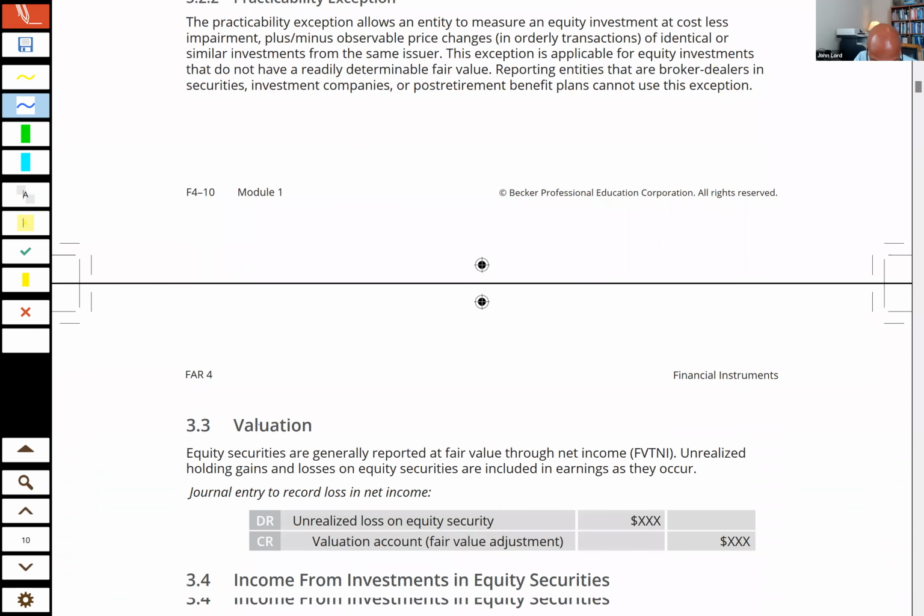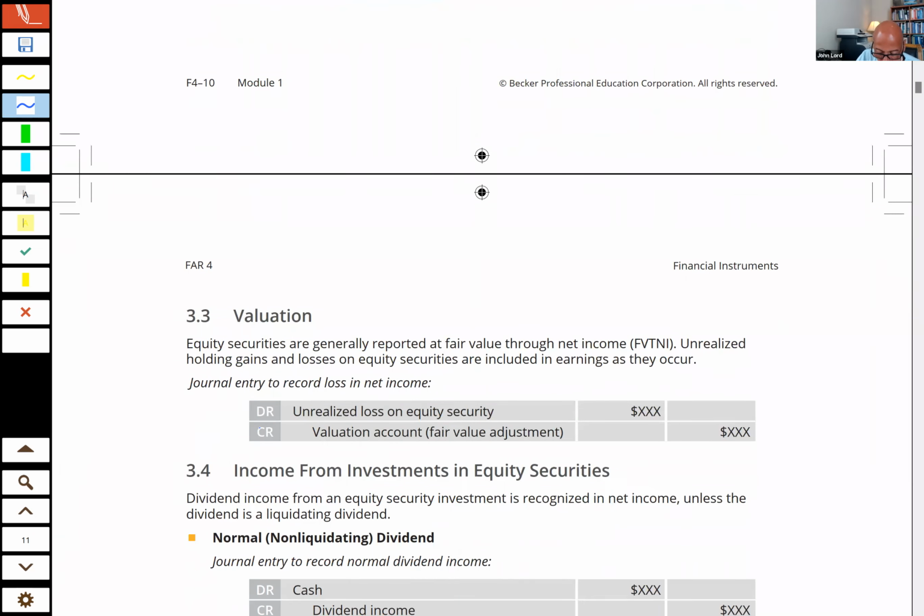But all it means is that you will mark the security to fair value, and unrealized holding gains and losses get reported on the income statement as they occur. They are included in net income. Okay, so flashcard that.